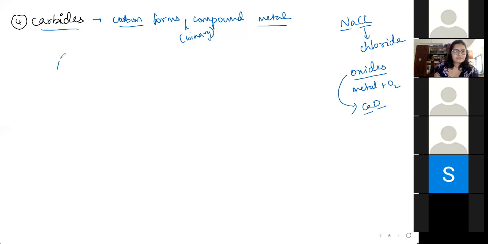So examples of carbides: you have aluminium carbide, that's Al4C3. On hydrolysis, that's basically reacting with water, it's again an exchange reaction, you get Al(OH)3 and methane.